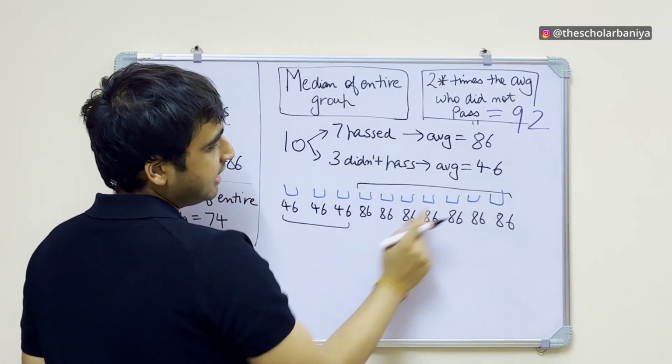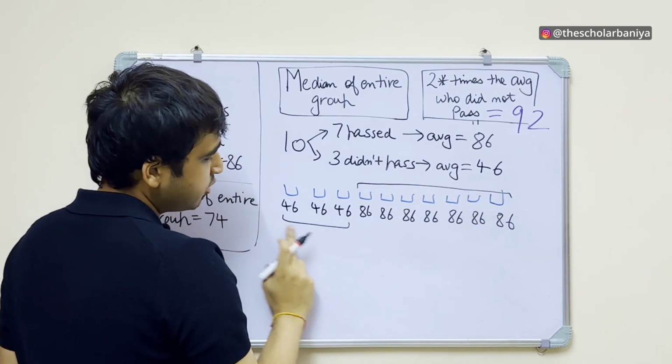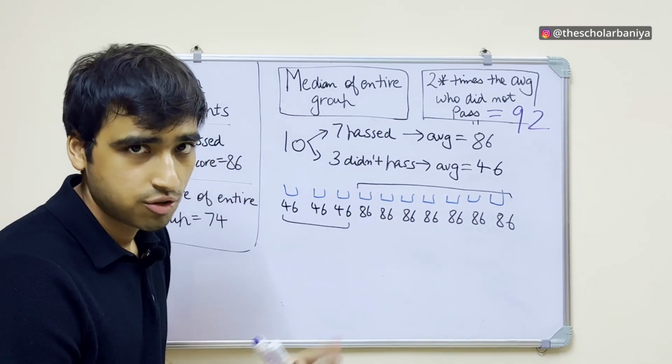The average is 86, so that is why I've written 86 for each, and the average is 46, so I've written 46 for each. Now we have to find the median of the entire group.